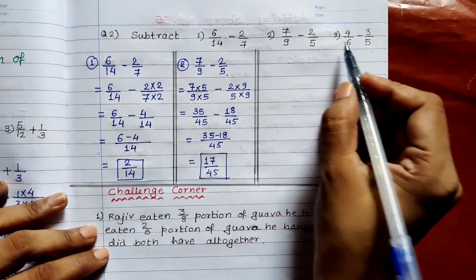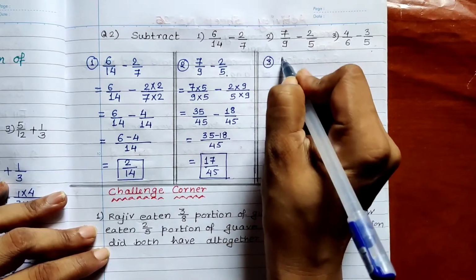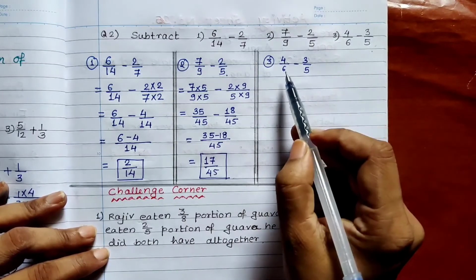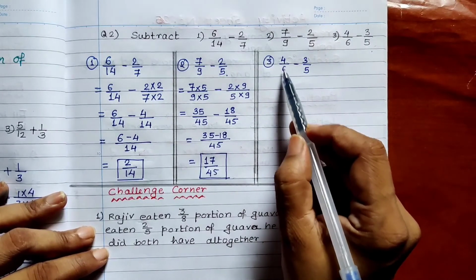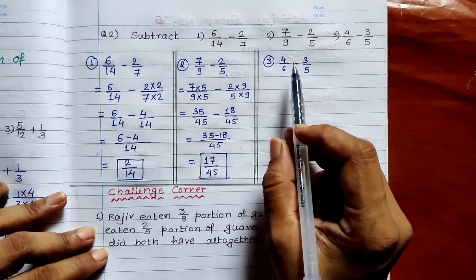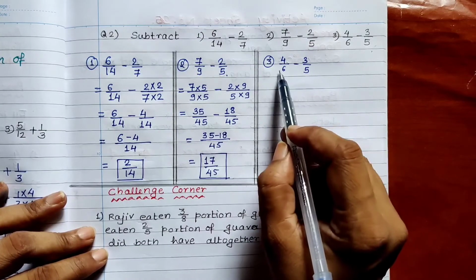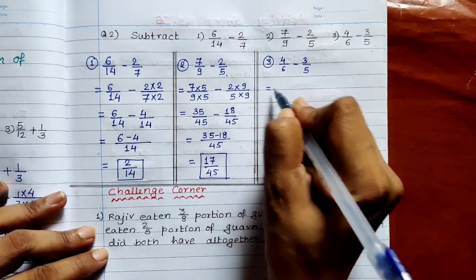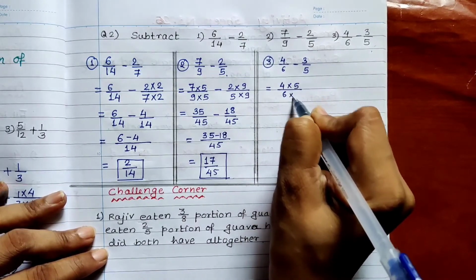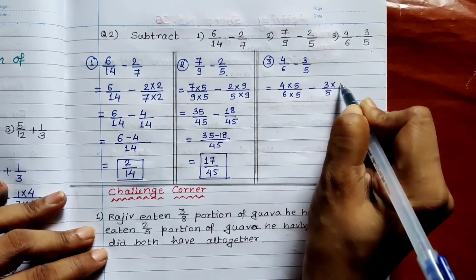Now third sum, 4 upon 6 minus 3 upon 5. Again, if you multiply only one fraction, it won't be possible to get equal denominators. So we have to multiply the first fraction by the denominator of the second, and the second fraction by the denominator of the first. So let us multiply. 4 upon 6 multiply by 5, minus 3 upon 5 multiply by 6.